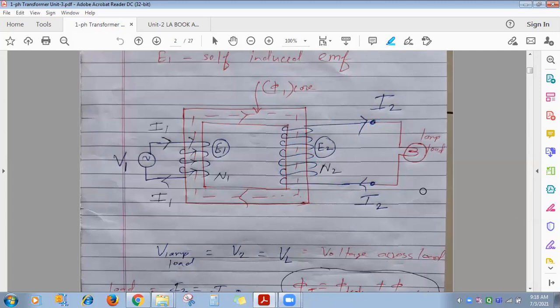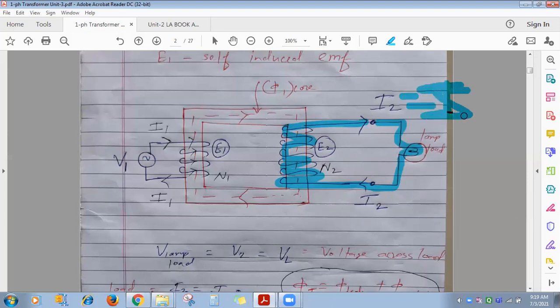Yes. Current will flow because the circuit is closed. If you observe here, whatever current is flowing through the lamp, the same current is flowing through N2 number of turns. Means we can say, load current is marked as I suffix L. I suffix L is the load current and I2 is the secondary winding current. So the current flowing through the lamp, load current IL, and the current flowing through the secondary winding I2, both are the same.